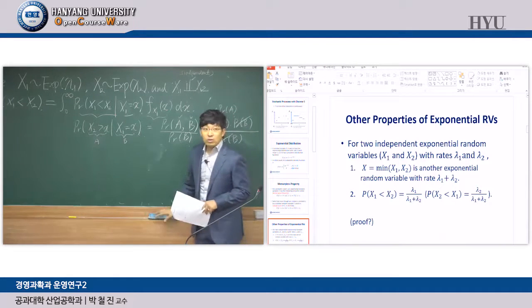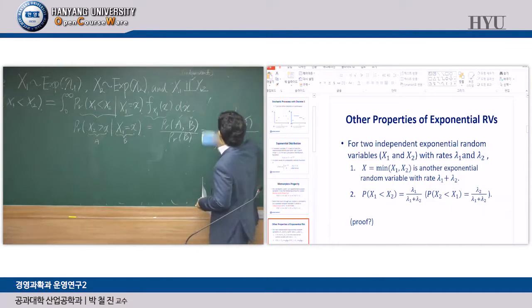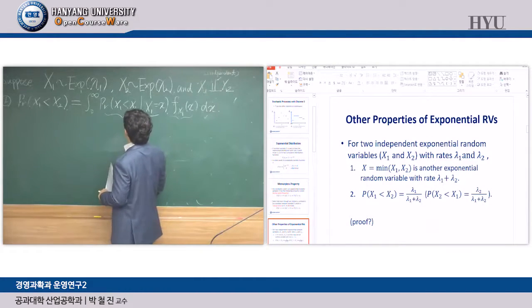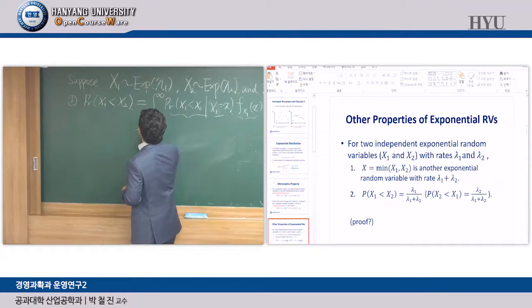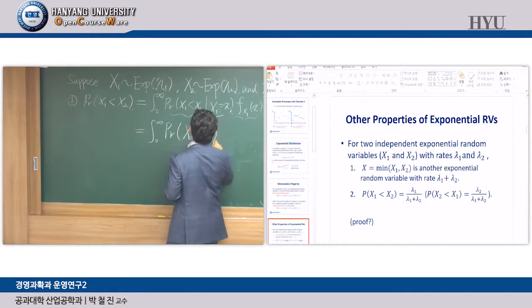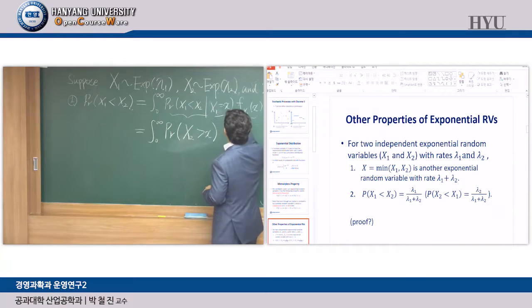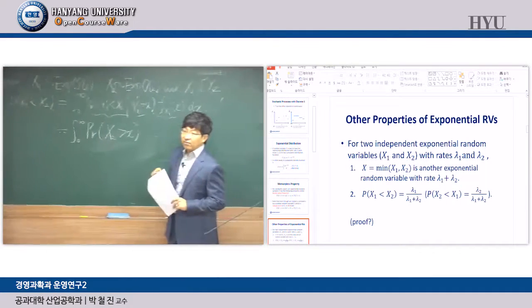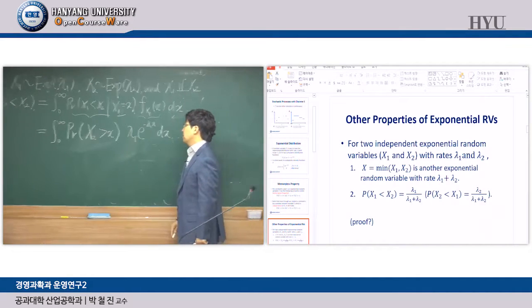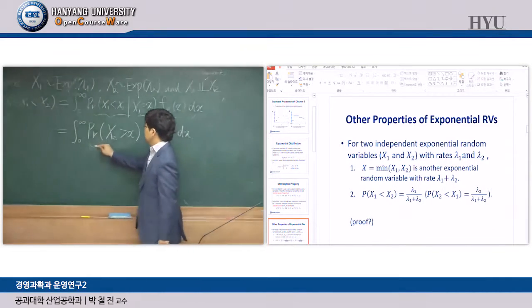So what we know is this part can be rewritten as the integral from 0 to infinity of the probability that large X2 is greater than small x, times the PDF of X1, which is lambda 1 e to the negative lambda 1 x, dx. Okay. Then what is this probability?